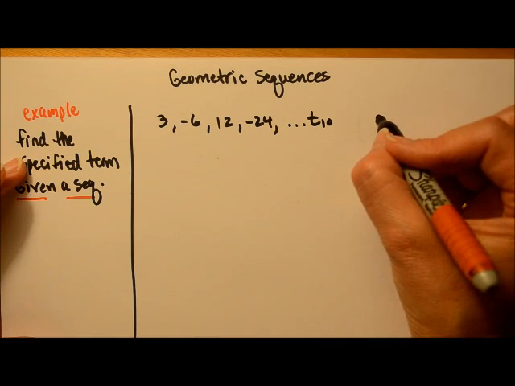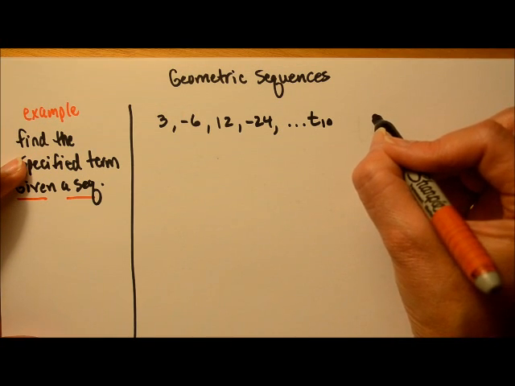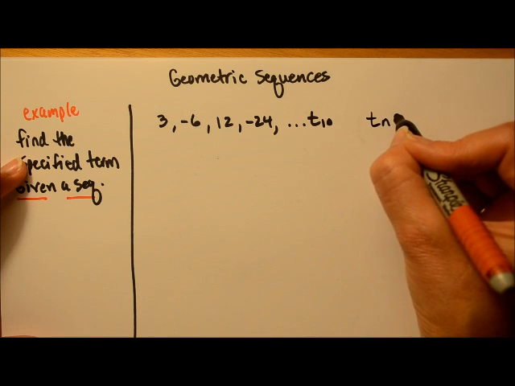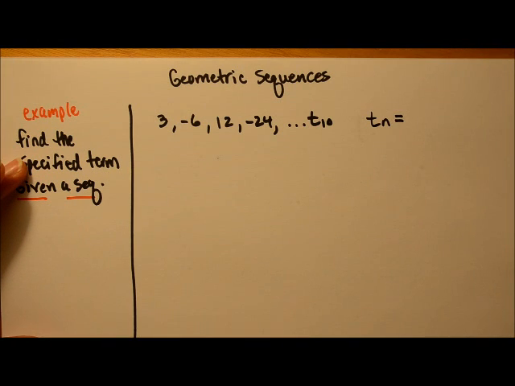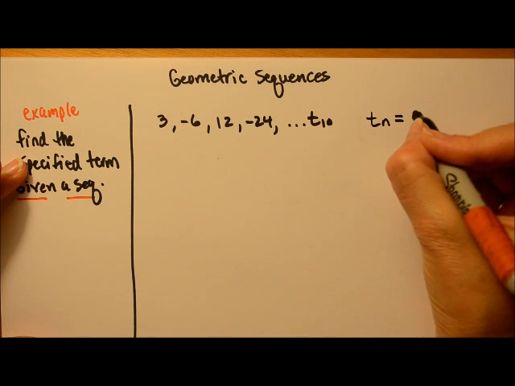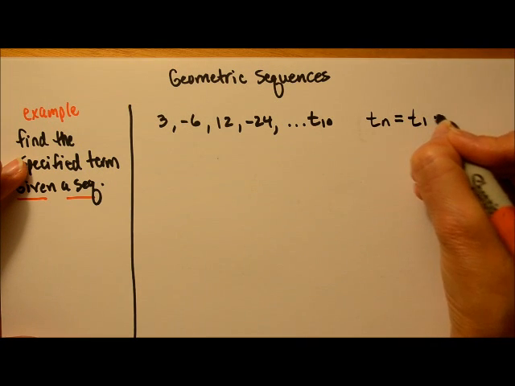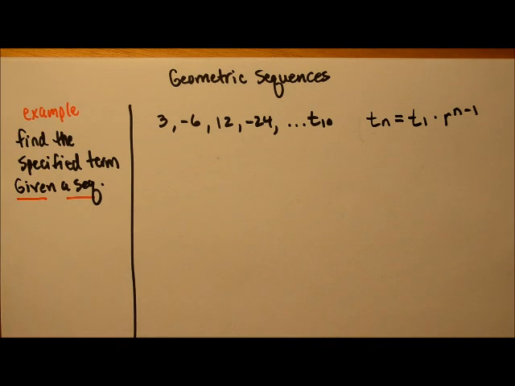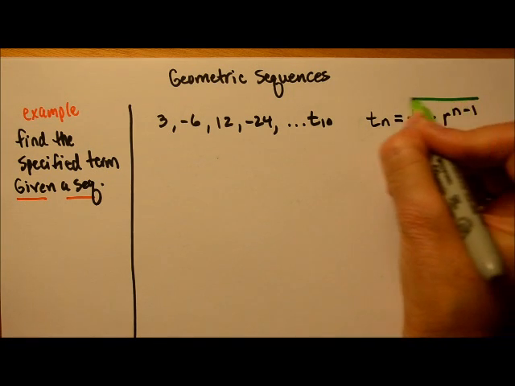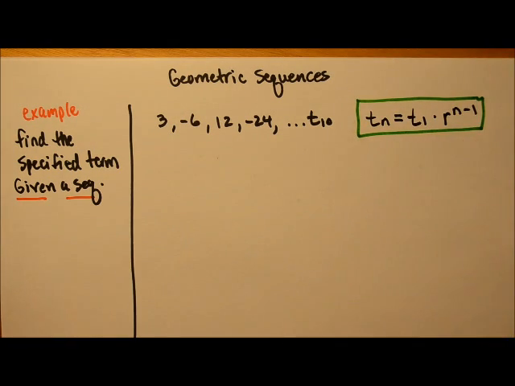Okay, and the formula that we're going to use is Tn equals, I'm going to just make sure I write it right, I don't want to mess you all up, T1 times r to the n minus 1. And remember, that's our formula. That's what we're going to be using to solve this problem. And I think you guys probably realize that all you got to do is find T1, r, and n, right?